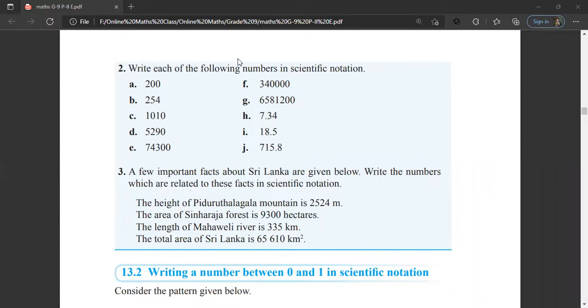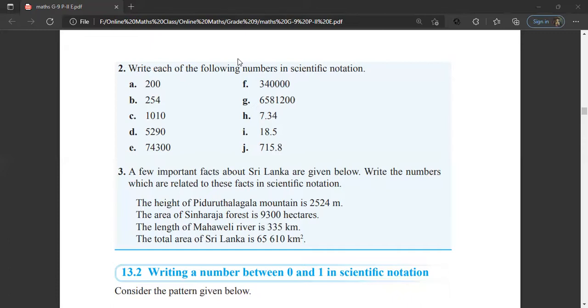Very good. E, 7.43 into 10 to the power 4. F, 3.4 into 10 to the power 5. Very good.